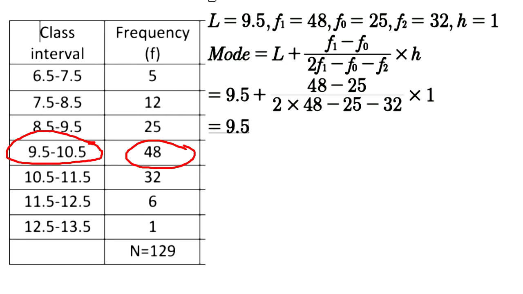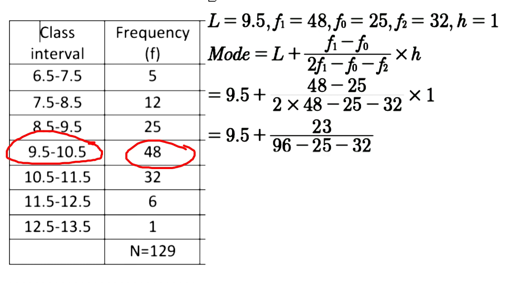So it will give you 9.5 plus the numerator value 48 minus 25 equal to 23. Denominator value 2 into 48 equal to 96 minus 25 minus 32.